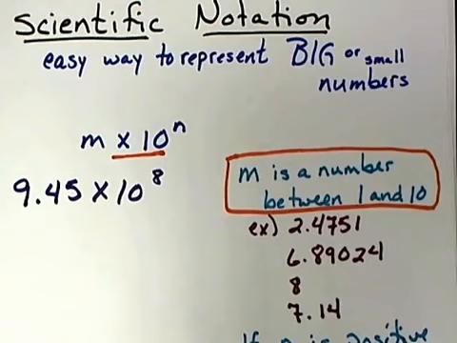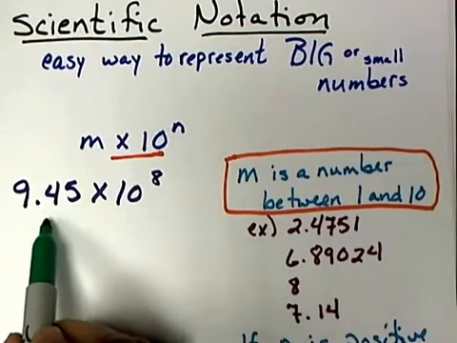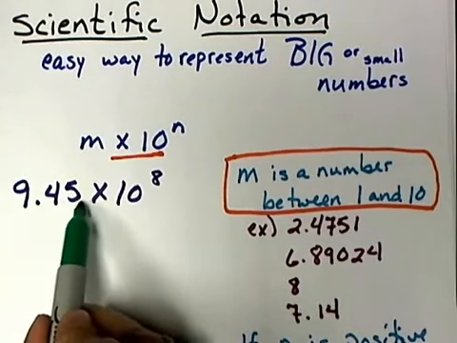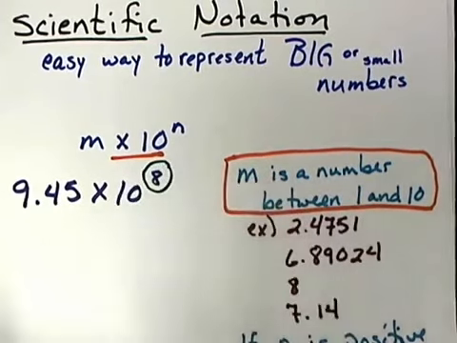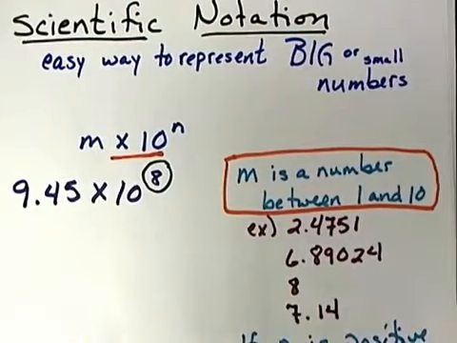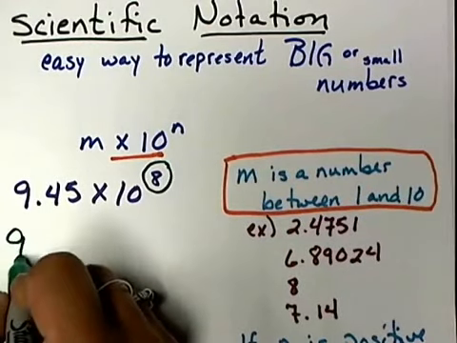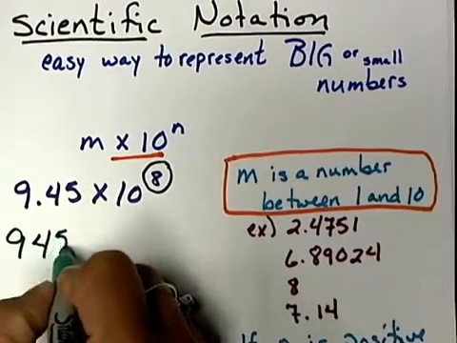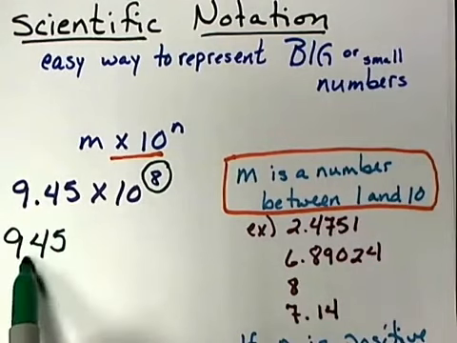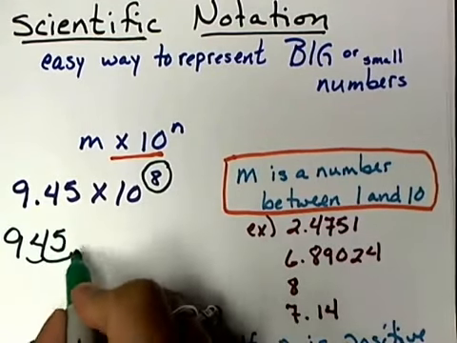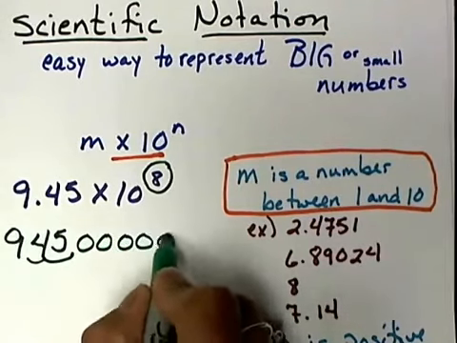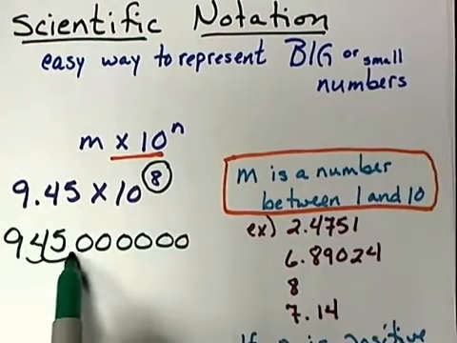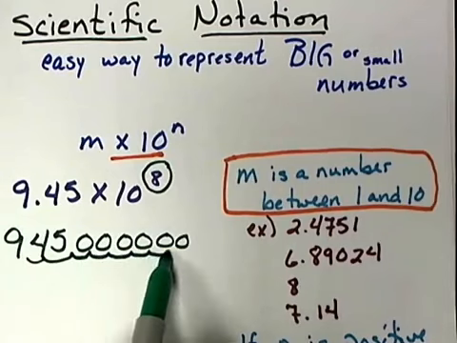To write the decimal equivalent, we move our decimal point to the right, because every time we multiply by 10, it just moves the decimal point. We move the decimal point to the right 8 times. Right now I have 9.45. So that would be moving it 1, 2, and then we need 6 more: 3, 4, 5, 6, 7, 8.